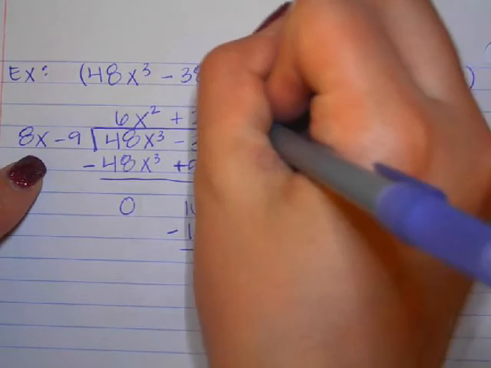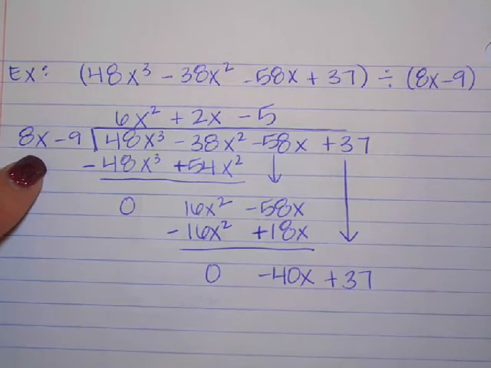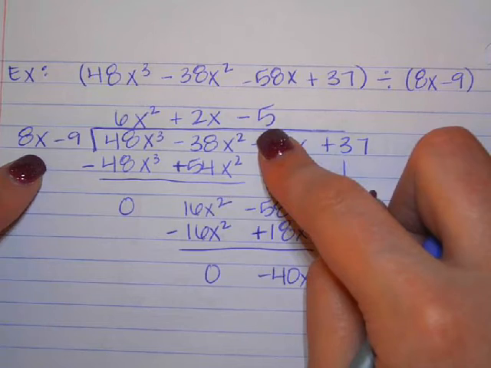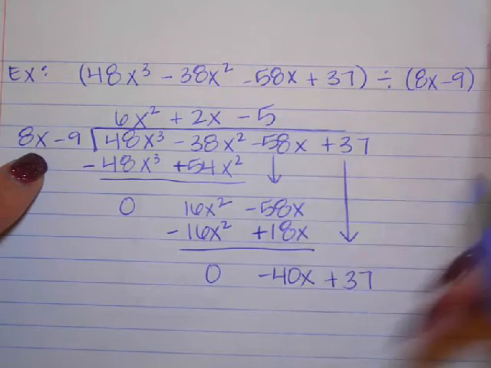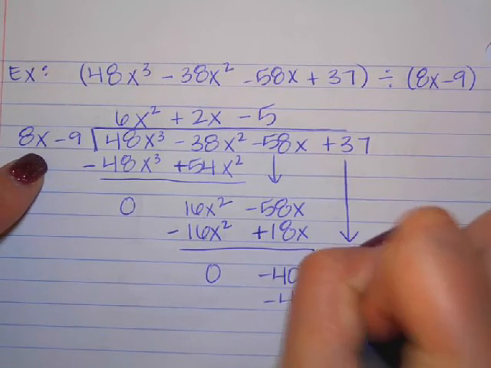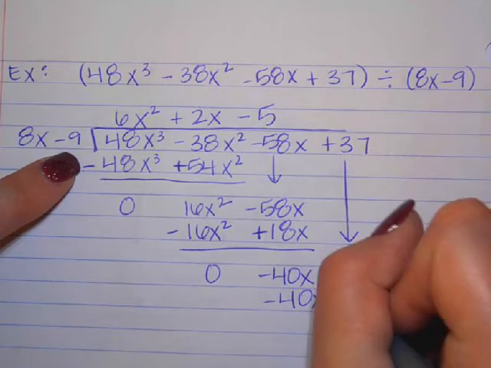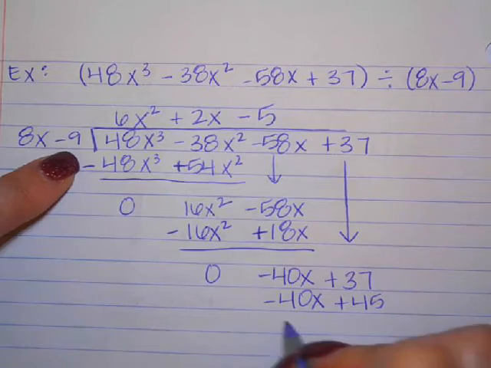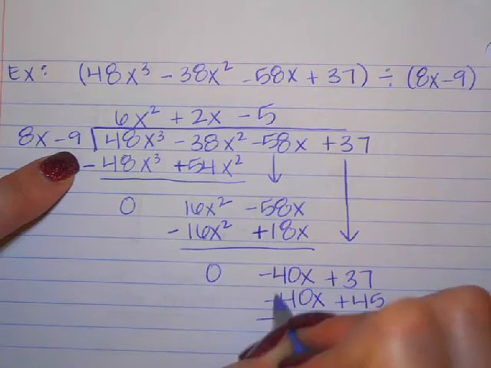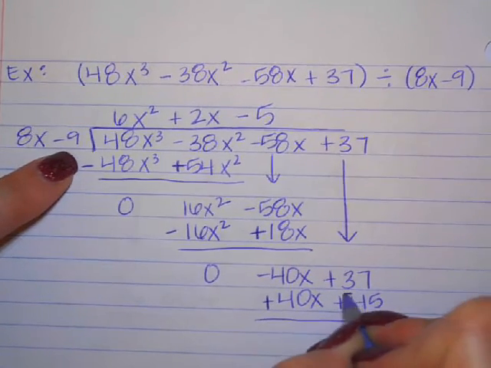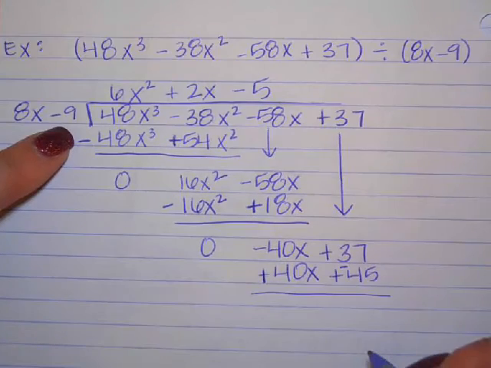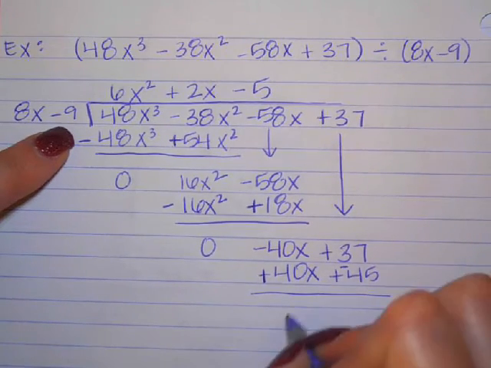Negative 5. Negative 5 times positive 8x, negative 40x. Negative 5 times negative 9. And we draw the line and we change the signs. We get 0.